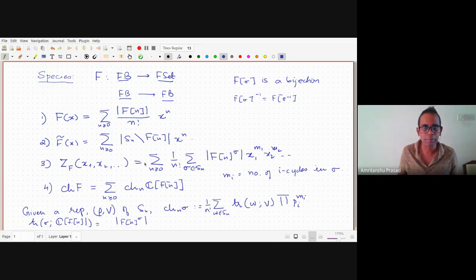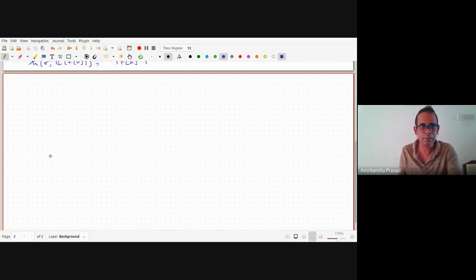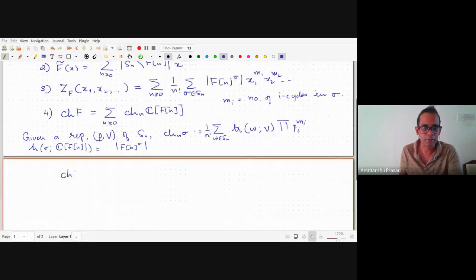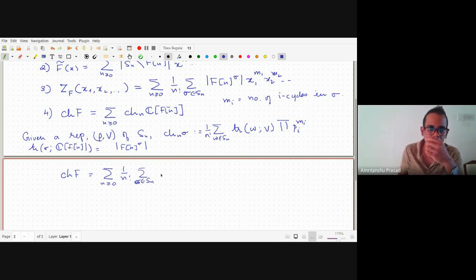So this Frobenius characteristic generating function, we can write, and then we have Fn sigma, and so that's just the trace, the number of fixed points is the trace, and then we have p1 raised to m1, p2 raised to m2.